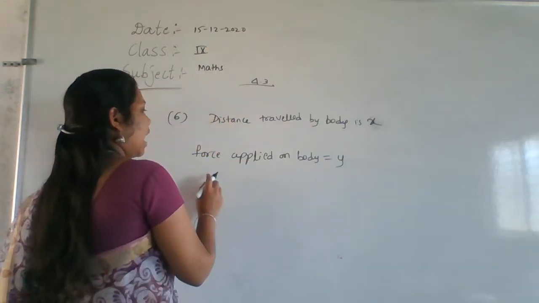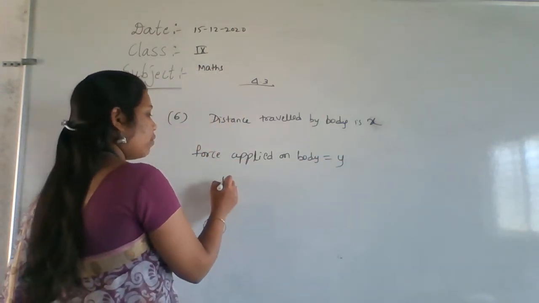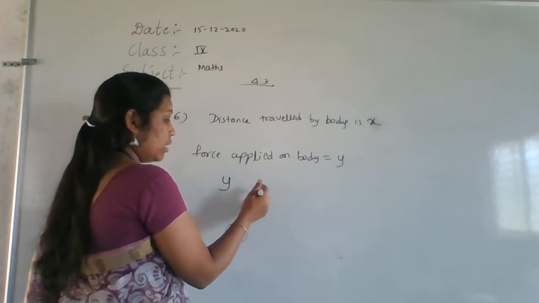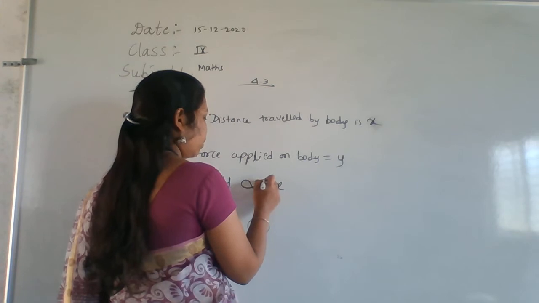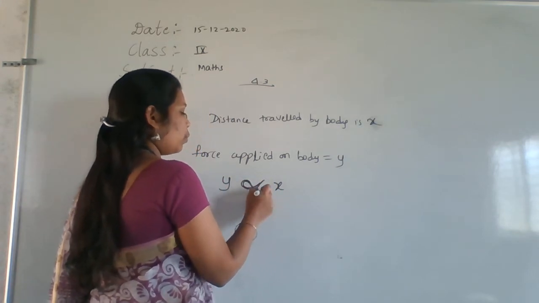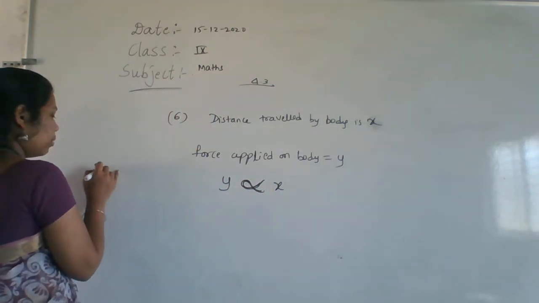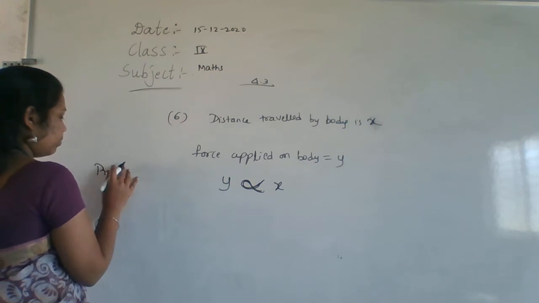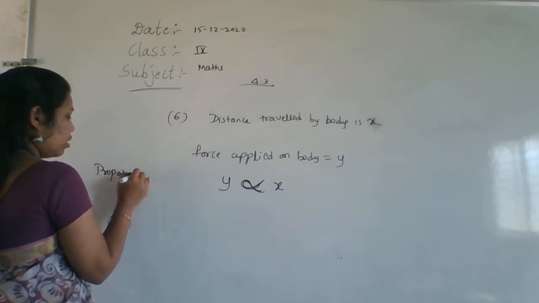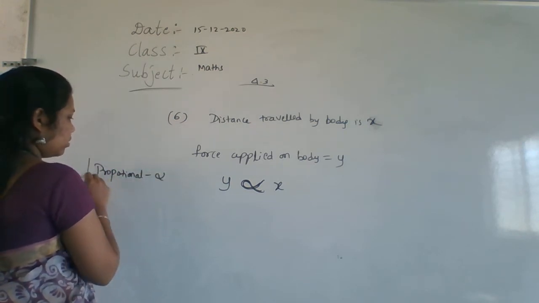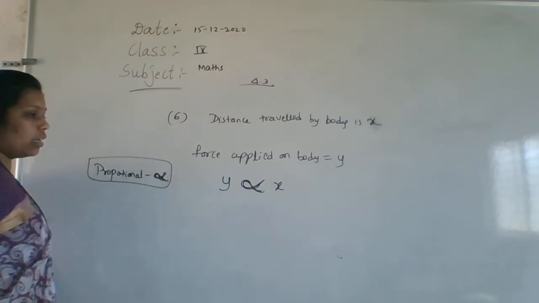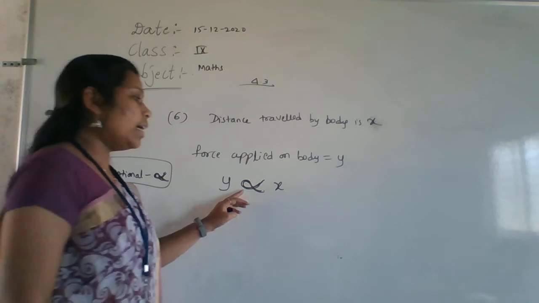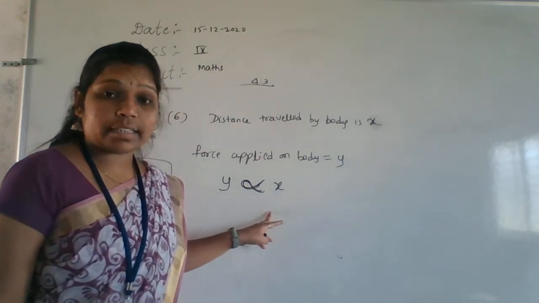Y. They told us this force applied on a body is directly proportional to the distance. This is the meaning of proportional. This is the proportional symbol. Proportional symbol is like this. This is directly proportional to the x here.